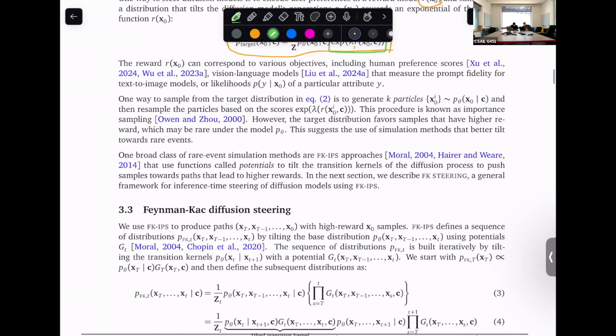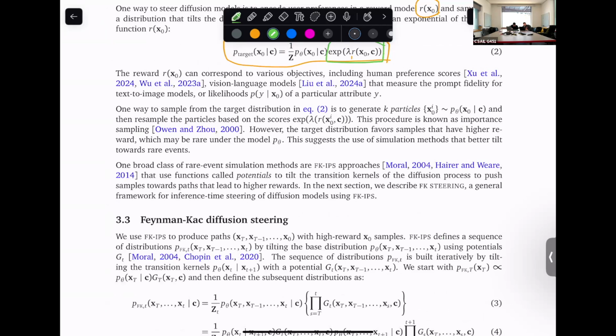But then, let's also talk about this i, which indexes the multiple particles that we'll be generating. Okay, let's look at this once more.